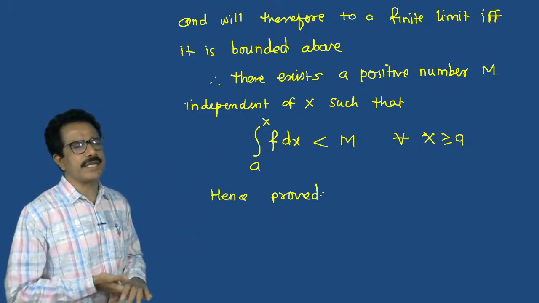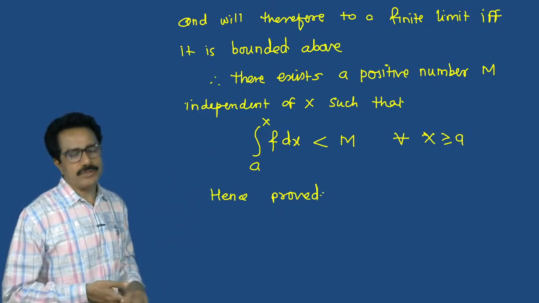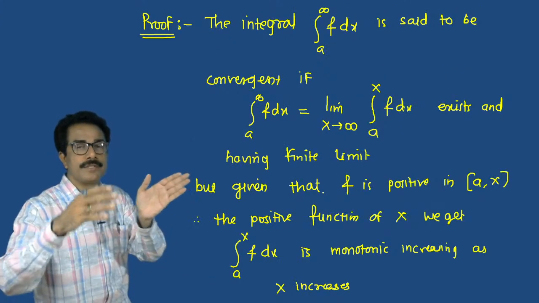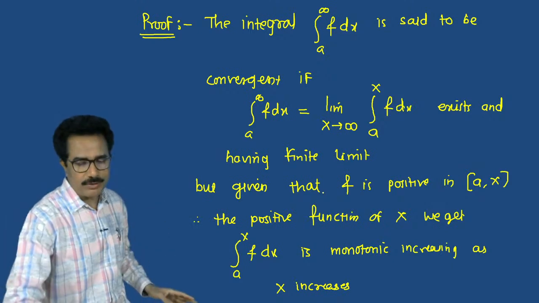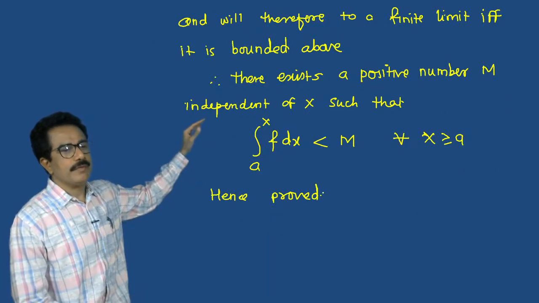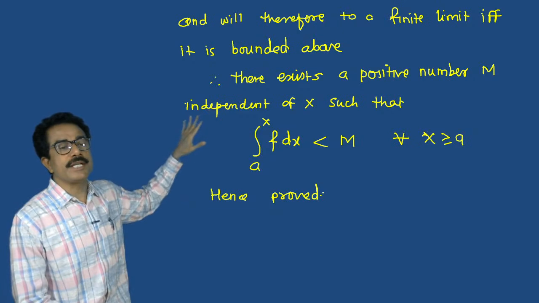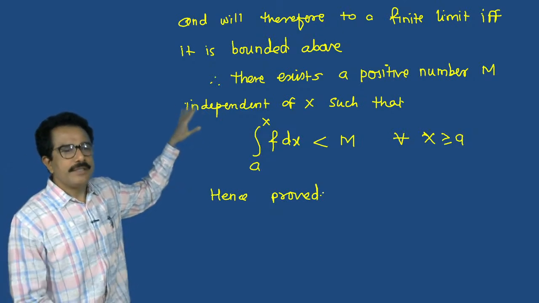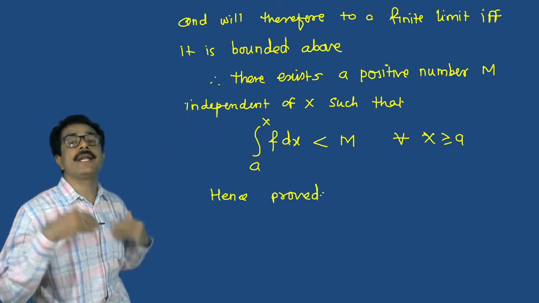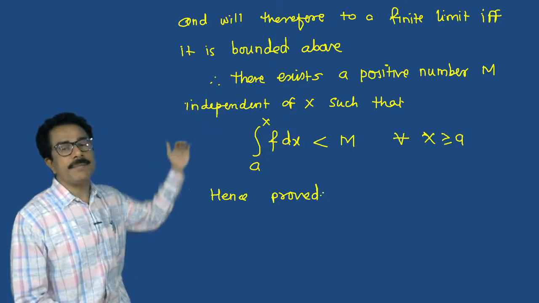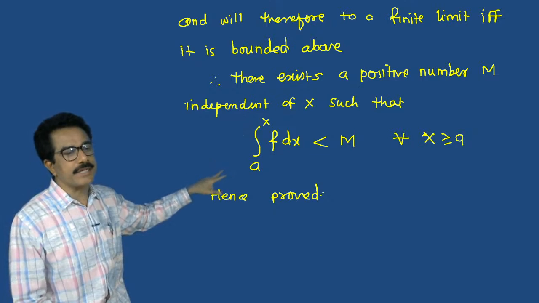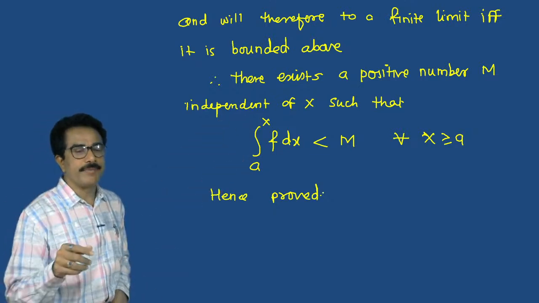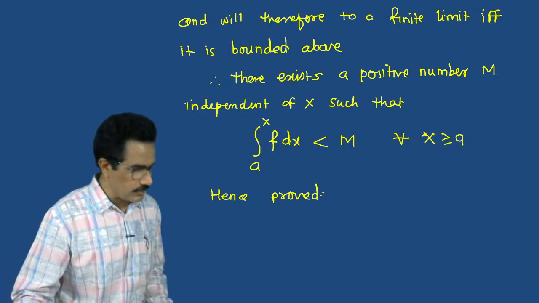Then definitely we can say that it is bounded above. That means this integral has a value which is bounded above. So there exists a positive number M, according to the definition of bounded above and monotonic increasing, which is independent of x such that integral from a to x f dx is less than or equal to M.